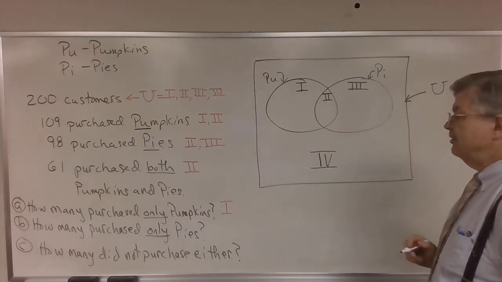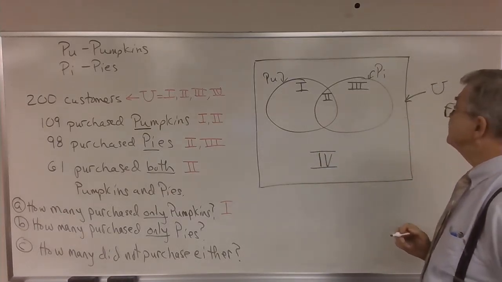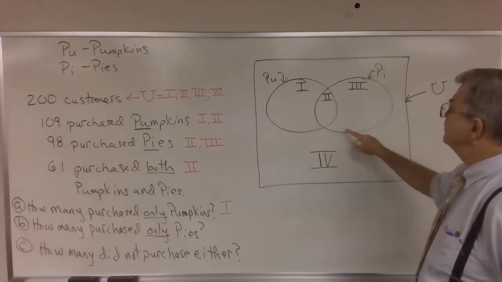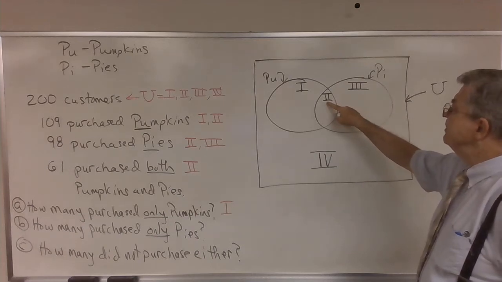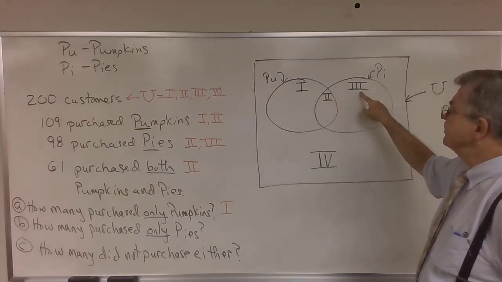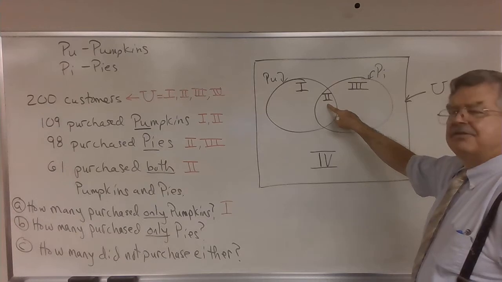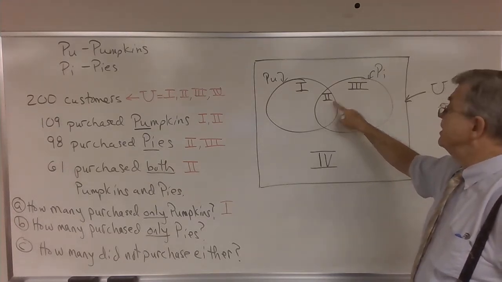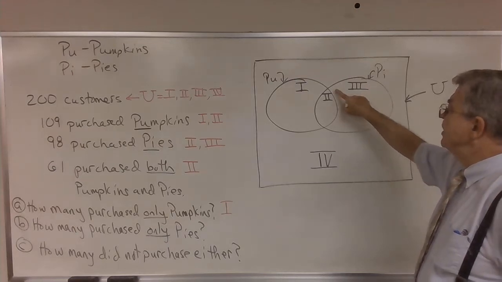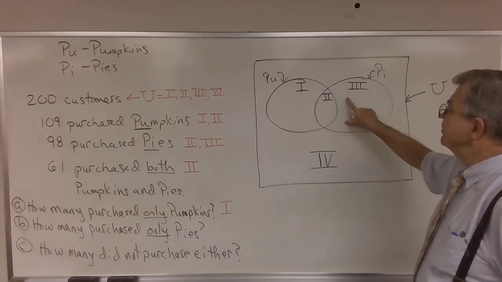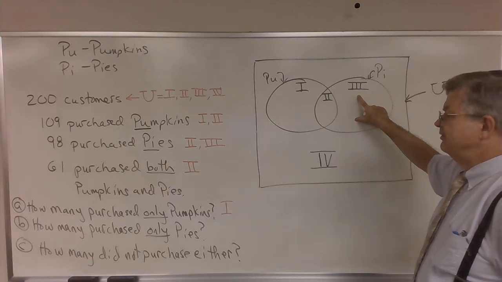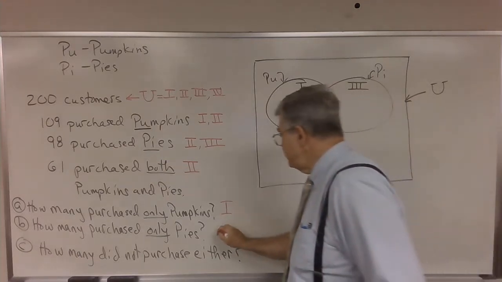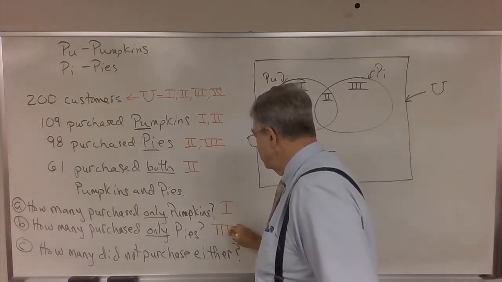Okay, how many purchased only pies? Well, anybody who purchased a pie is in the pie circle, which contains region 2 and region 3. If they're in region 2, they purchased both pumpkins and pies. If they're in region 3 only, outside of the pumpkin circle, then they purchased only pies. So region 3, those are the people that purchased pies only.